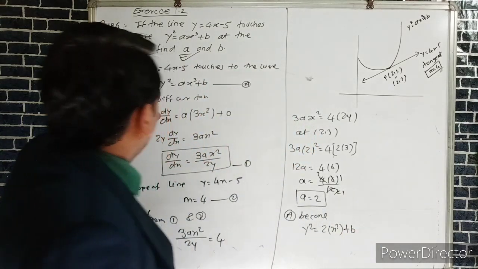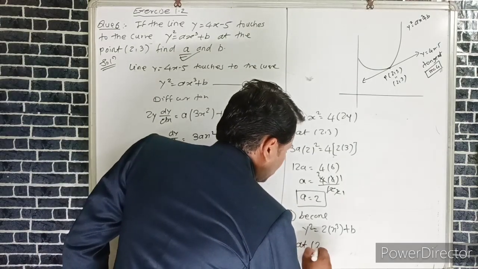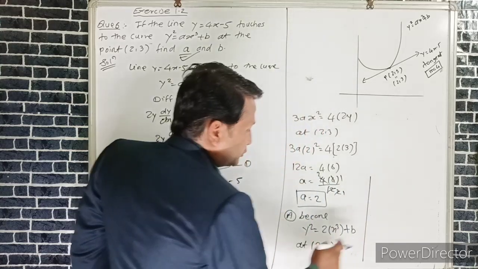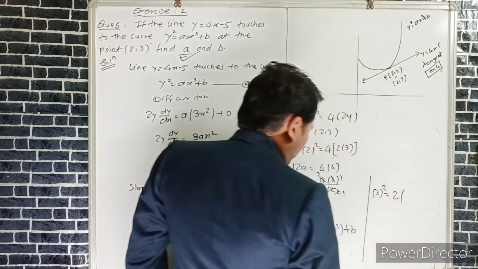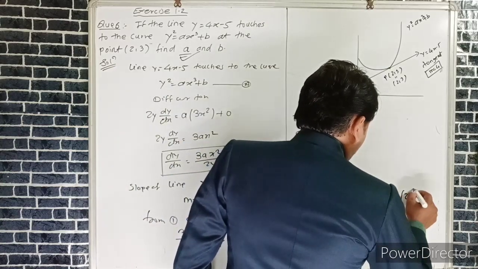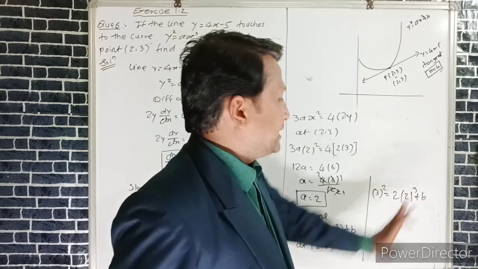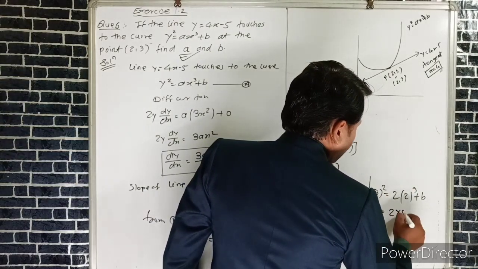We know that x and y are 2 and 3 at the point, hence 3² = 2 × 2³ + b. 2³ is 8, so 9 = 2 × 8 + b.